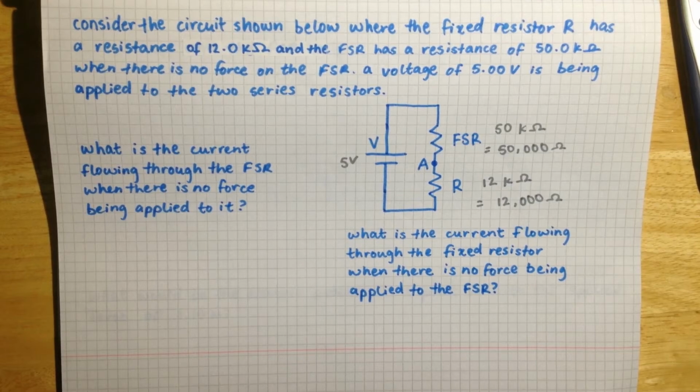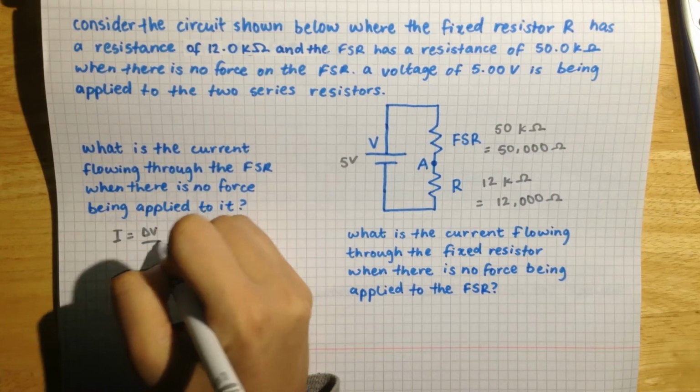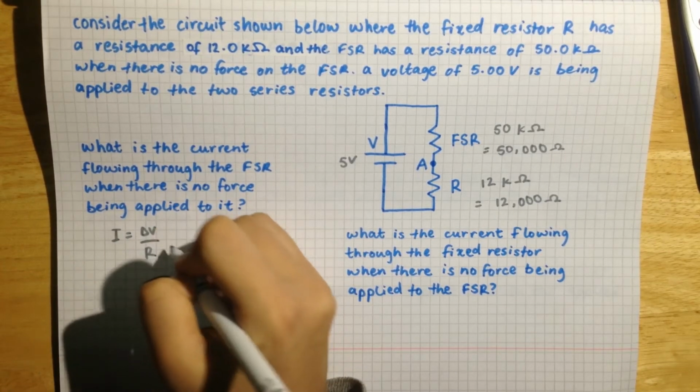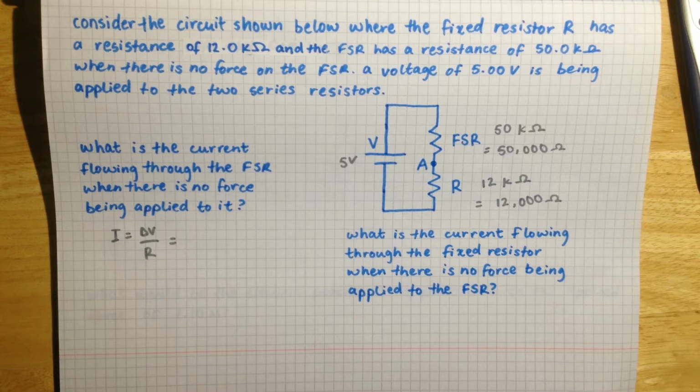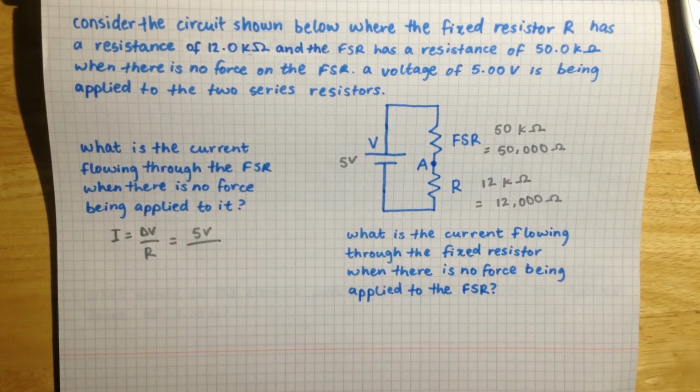So let's look at the first question that they have given us. What is the current flowing through the FSR when there is no force being applied to it? So, current, which is I, is equal to delta V, the change in potential or voltage, divided by resistance, R. So the voltage in this situation is 5 volts divided by the resistance.